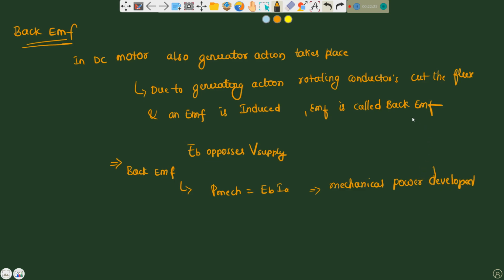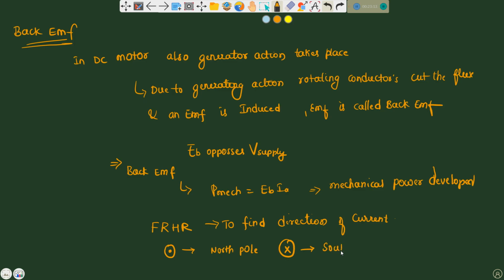Okay, so applying Fleming's right hand rule to find the direction of current, we can get dot under the north pole, cross under the south pole.